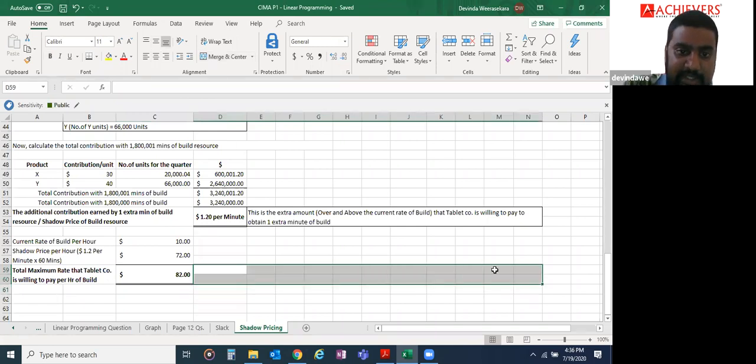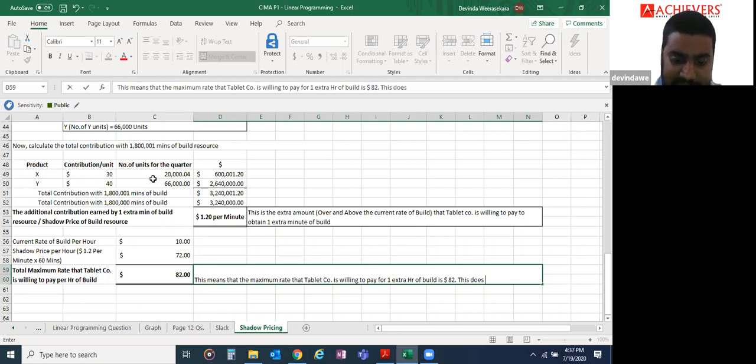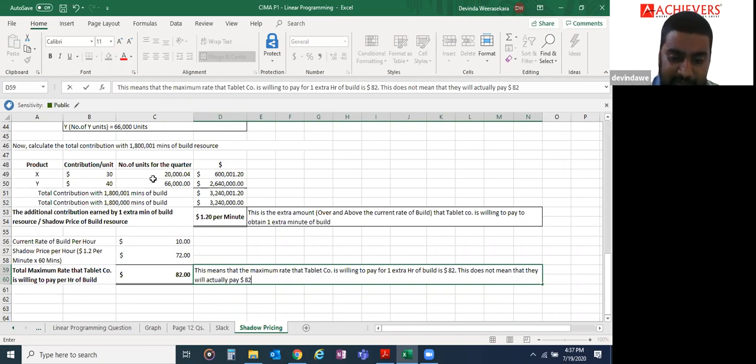So let me explain that as well here. What the company is willing to pay for 1 extra hour of build is $82. This does not mean that they will actually pay $82.